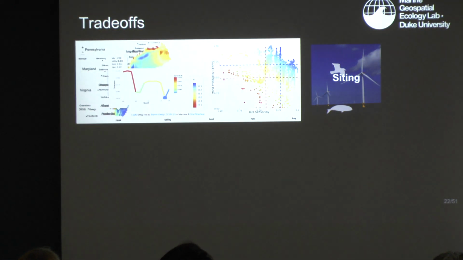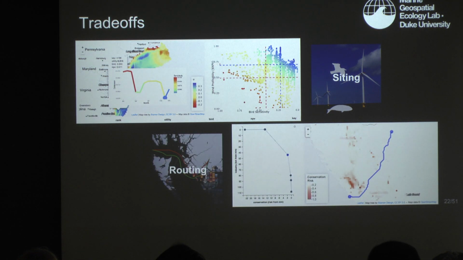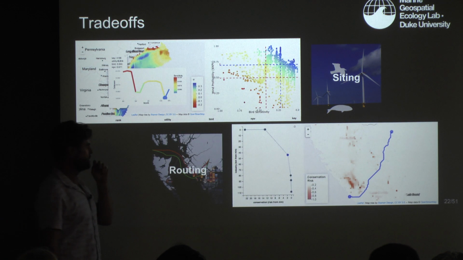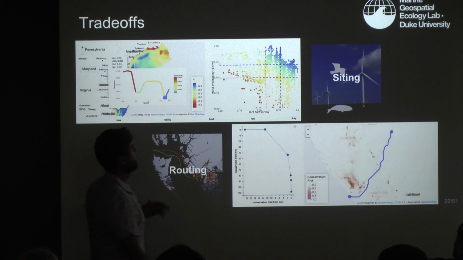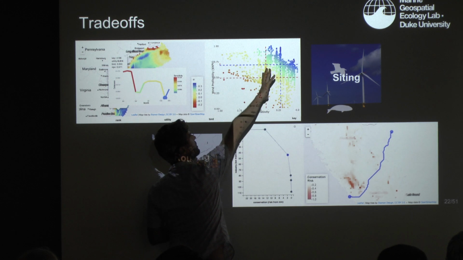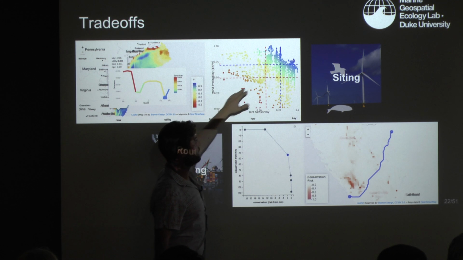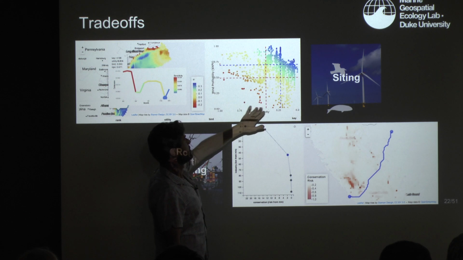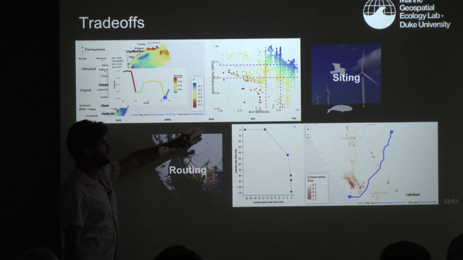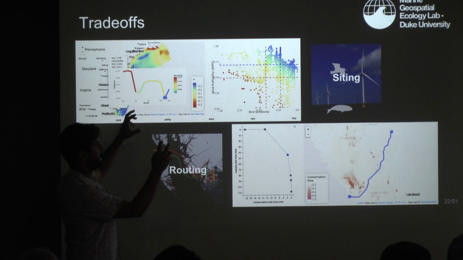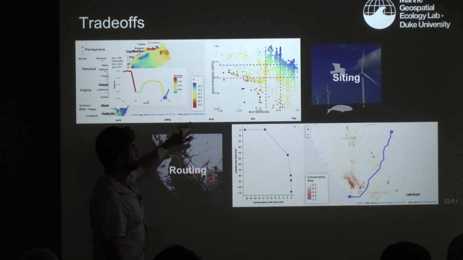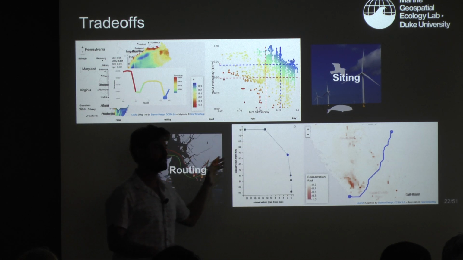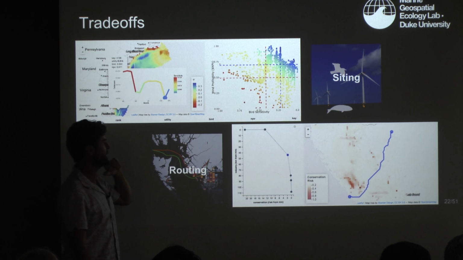So this is what the app looks like for the offshore wind, and it's similar with the routing. So in both cases here, we've got a trade-off curve. So there's color coding. So we could separately map out for each pixel, each 10 square kilometer pixel, what the bird sensitivity is and what the wind profitability is.